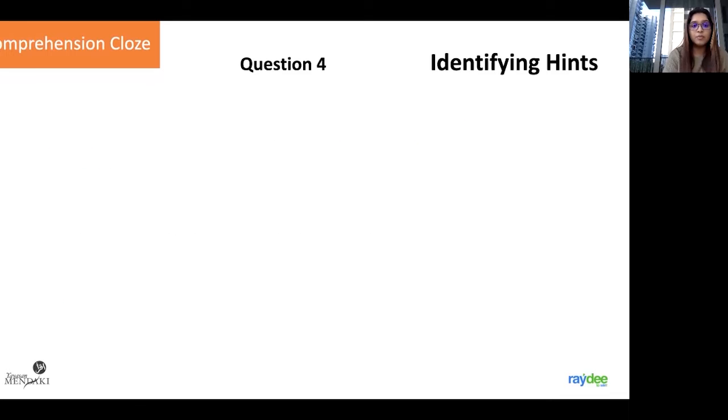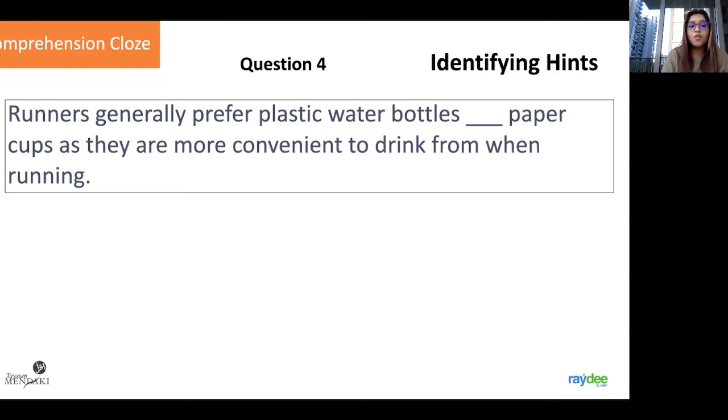Now moving on, the next question: runners generally prefer plastic water bottles, what, paper cups, as they are more convenient to drink from when running. You must explain to the students that the word prefer doesn't mean that you like one thing and you don't like the other. It means that you like both of these things, but you like one more than the other.